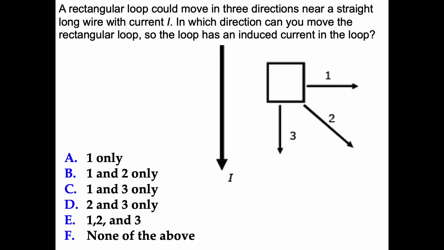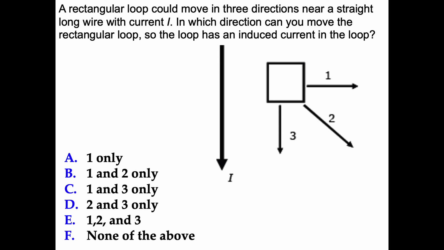Now, what about the third loop? Is the flux changing through the loop? No, it's not, right? The flux is not changing through the loop. There won't be any current.